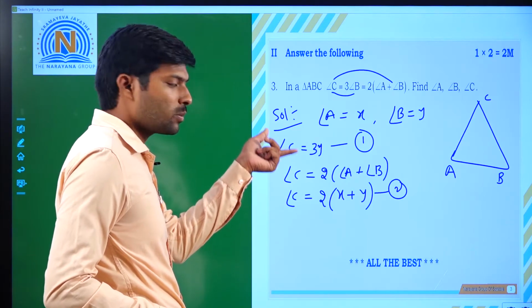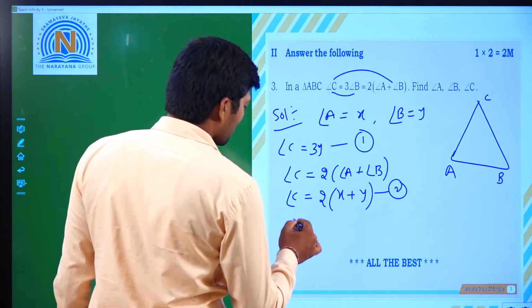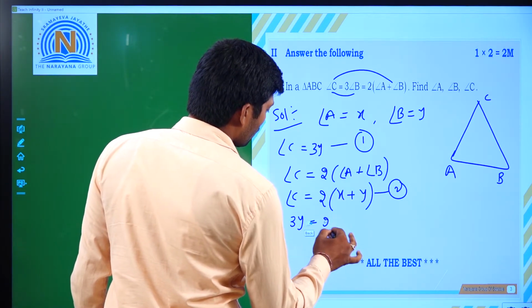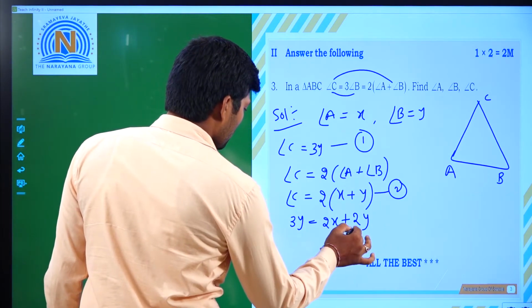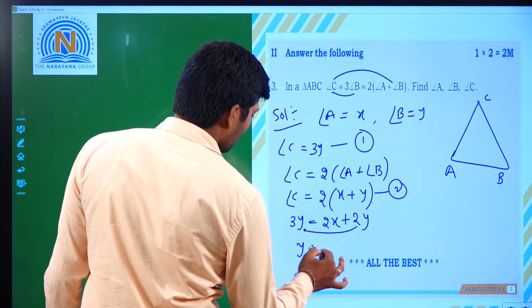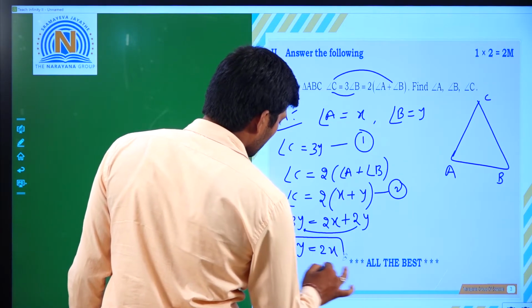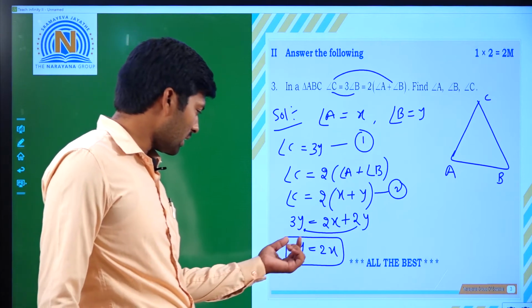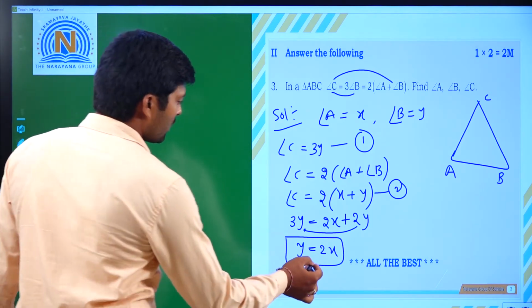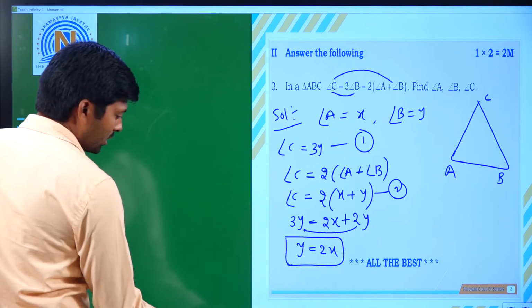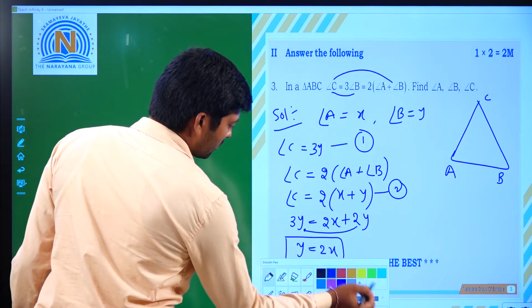Both RHS parts are equal, so let's equate their LHS. So 3y is equal to 2x plus 2y. Now if you send 2y across, it will become y is equal to 2x. Now we have obtained the relation between y as well as x. So y is equal to 2x. By using this relation, we can find the angles A, B, C.